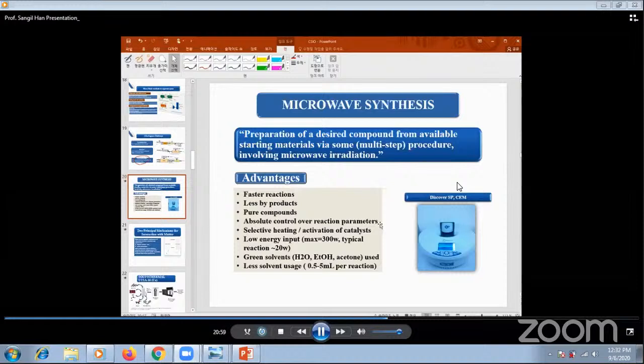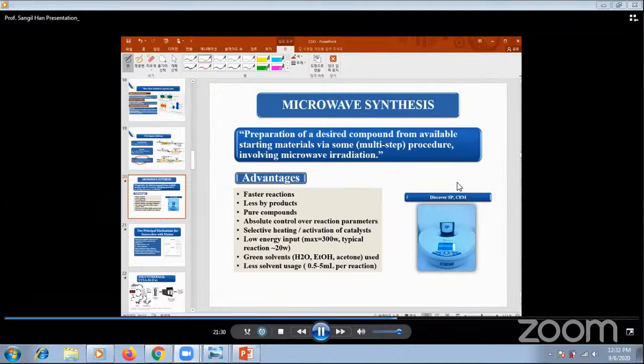We use the microwave synthesis system. In the microwave synthesis system, the organic linker and the metal are reacted to produce the porous crystalline adsorbent under microwave irradiation. The advantage of using the microwave system is that the reaction time is reduced.